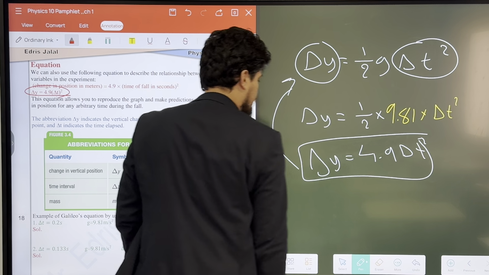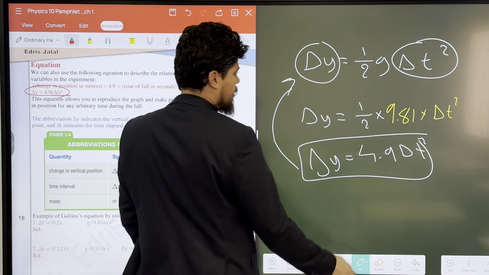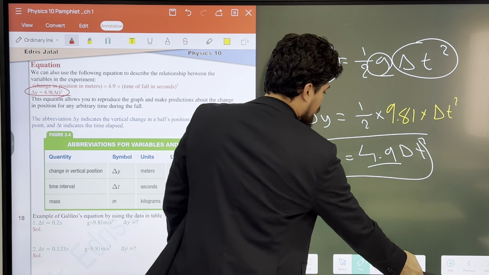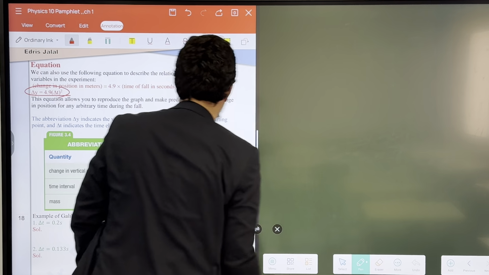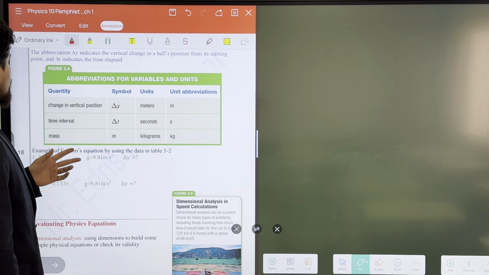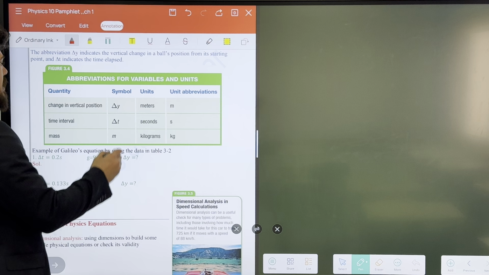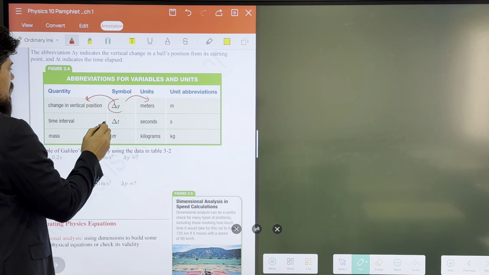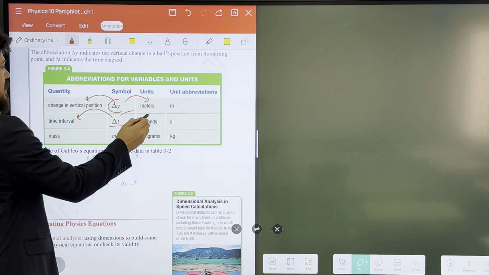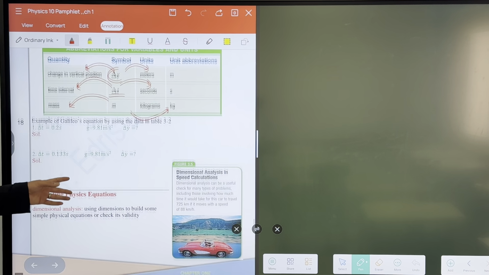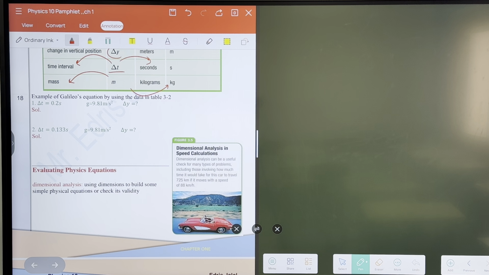This is Galileo's equation, but instead of g, we wrote 4.9. These are the abbreviations: delta y, vertical position, measured in meters; time interval delta t in seconds; mass in kilograms. Now an example of Galileo's equation using the data in table 3.2.